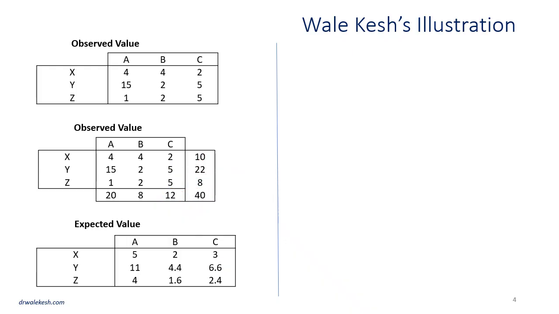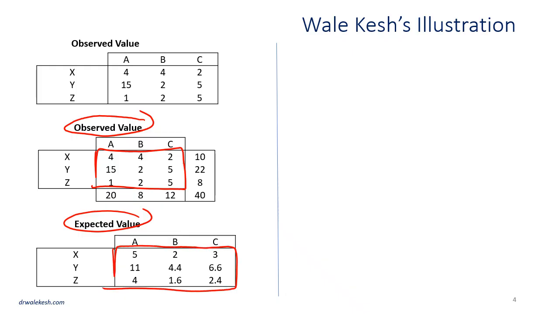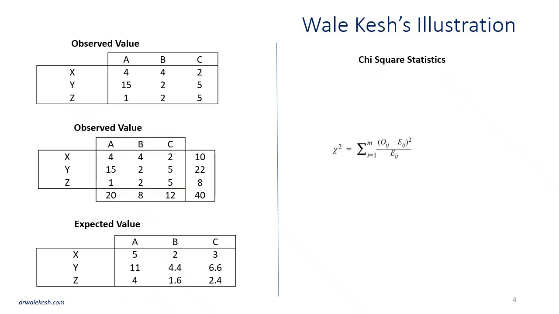So we have our observed value, which is the whole of this, and we have our expected values, which is the whole of this. So the next thing is now to calculate our chi-square statistic. To calculate it, this was the formula I showed some slides back. We have our observed.